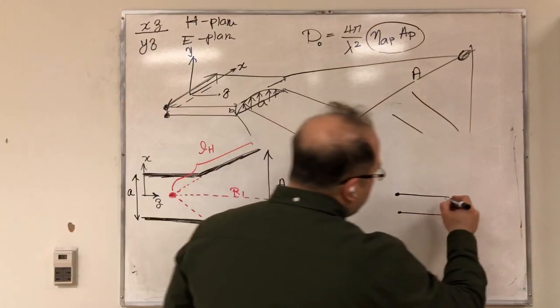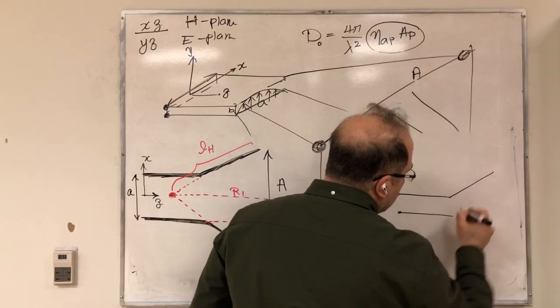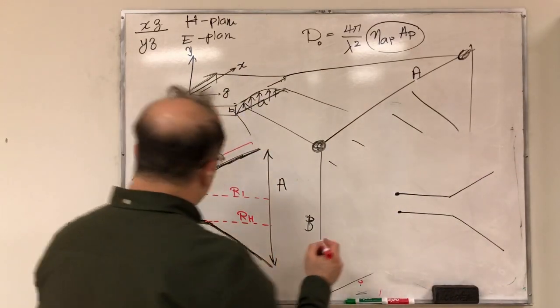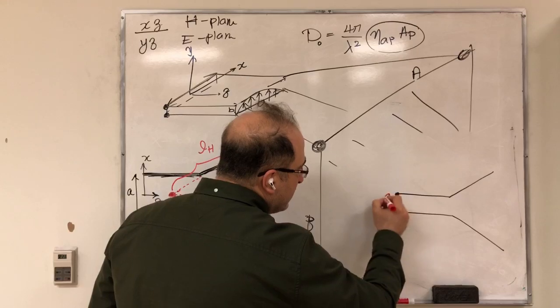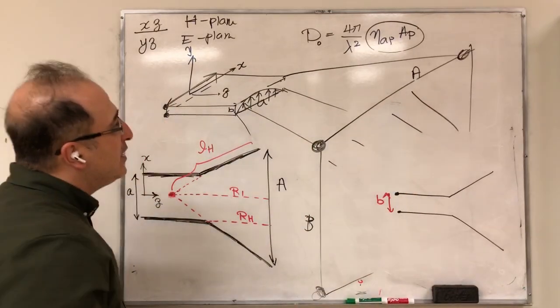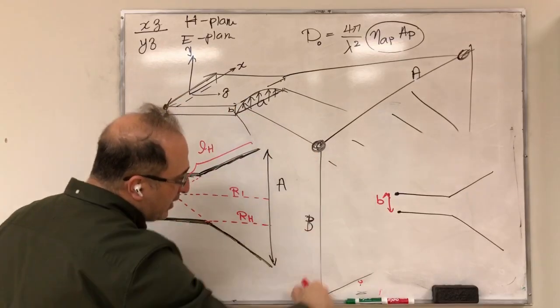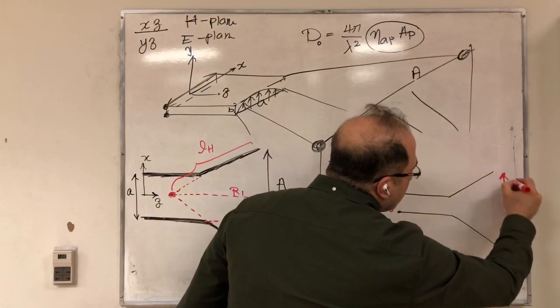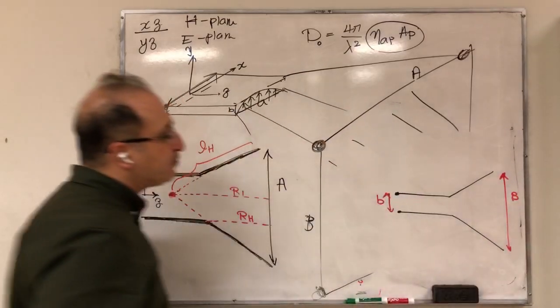So it flares out like this. I go from this small b, which is this point, flares out, and I get to capital B here. So this is my capital B.